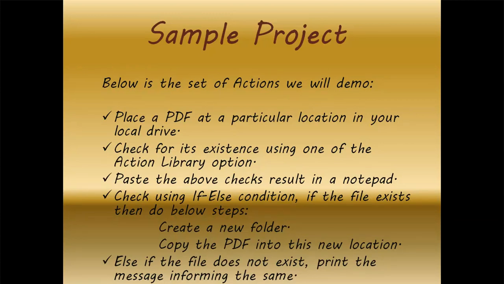If the condition returns a true value, then we will create a new folder at a given location and copy the PDF in concern to this new location. Else, if the file does not exist, that is, the check returns a false value, we will print in the notepad that the file does not exist and hold the execution.